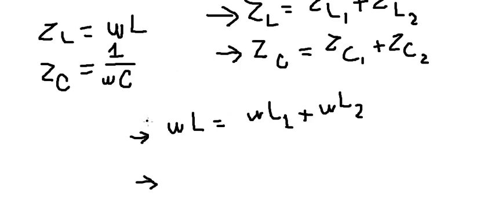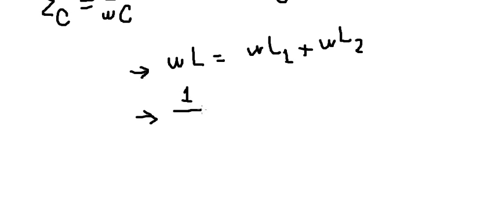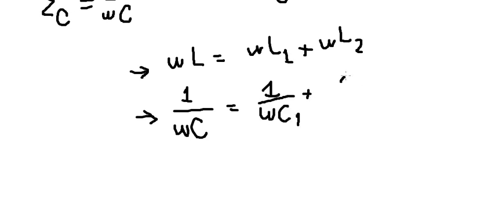About capacitor, we change to 1 over omega C equals 1 over omega C1 plus 1 over omega C2.